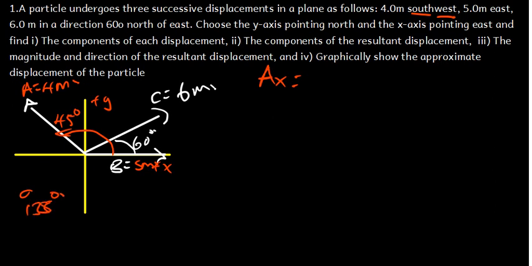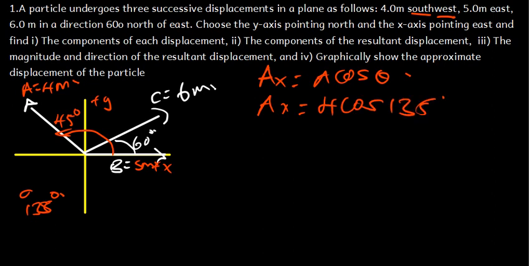Okay, so we're going to have vector A cos theta. Whenever we're resolving any vector into x component, it is that vector times cos the angle. So A_x is going to be equal to, the A is 4, cos the theta is 135.